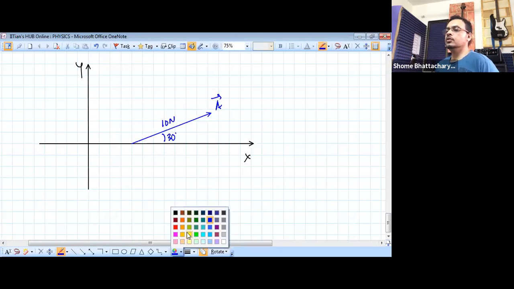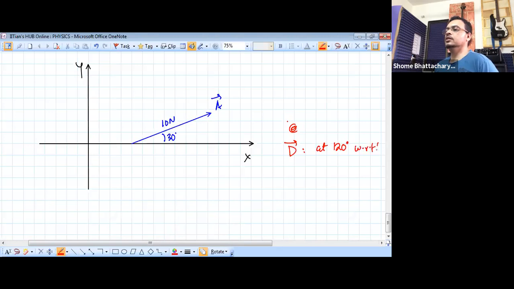Now I want to draw another vector, let's say D, which is at 120 degrees with respect to E. And magnitude of D is 10 newtons and D is in the XY plane.